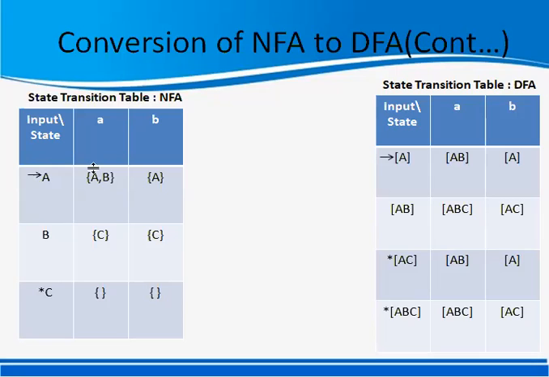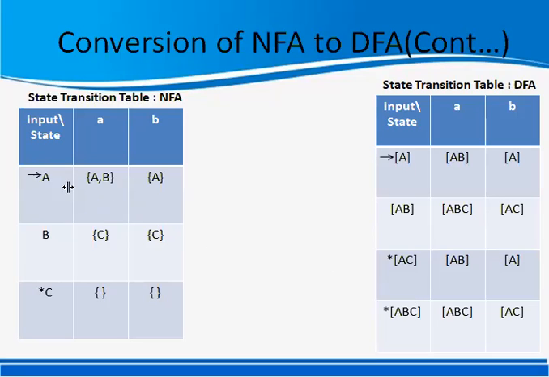So we will take the union of these three and it will give ABC on input small a. So we have written here ABC. Now on input small b, we will take the union of these three. So it will give AC. So we have written here AC.